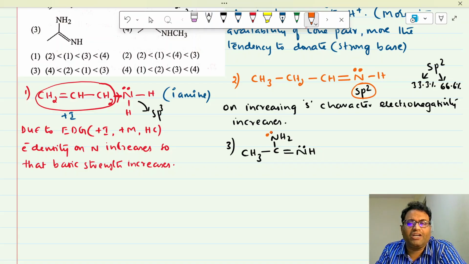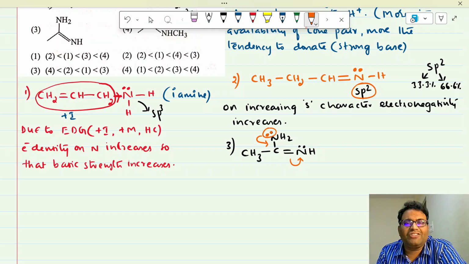But what is happening here: this lone pair, let us see in yellow color, these are in resonance. So this pair of electrons doesn't participate because they are involved in delocalization. This pair of electrons is not donated, not responsible for the basic nature.